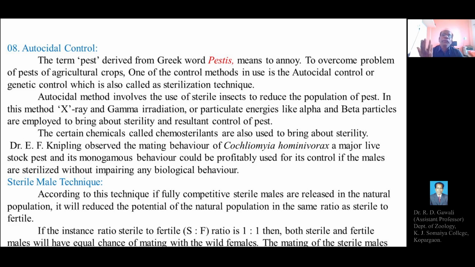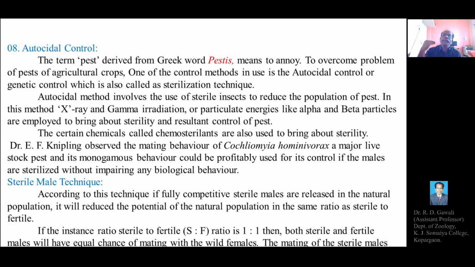The particular pest, male or female or both, can be exposed to X-rays, gamma rays, alpha and beta particles, or certain chemosterilants, making them sterile.